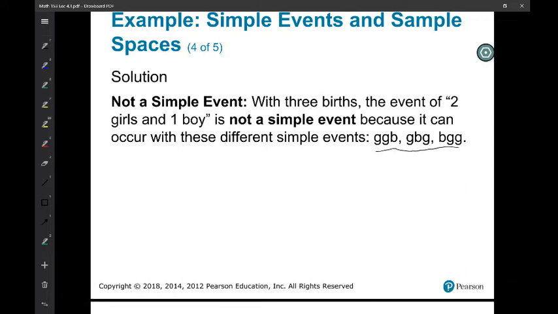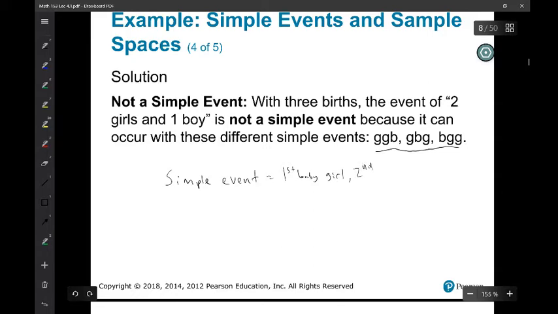An example of a simple event would be the first baby girl, second baby boy, and third baby a girl.